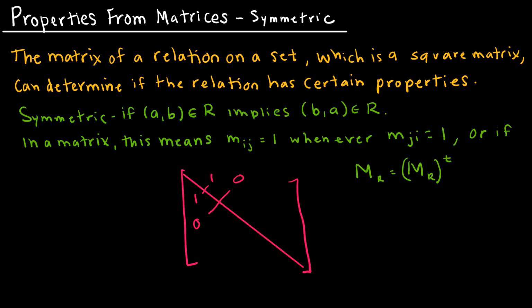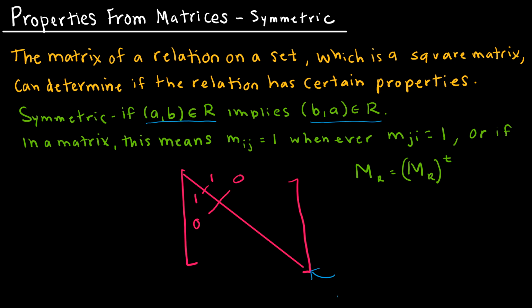For our relation to be symmetric in a matrix, we're looking at whether (a, b) in the relation implies (b, a) is in the relation. There are two ways to look at this. You can fold the matrix along the first diagonal, and it should match up on each side of that diagonal.